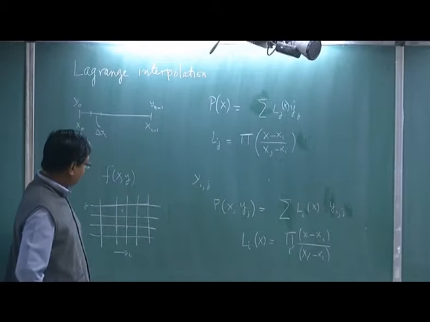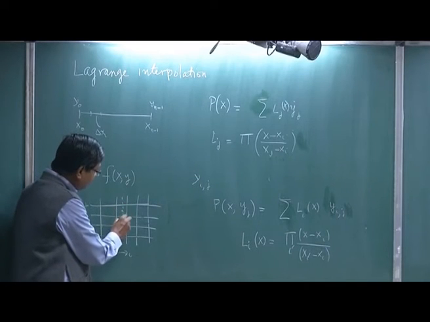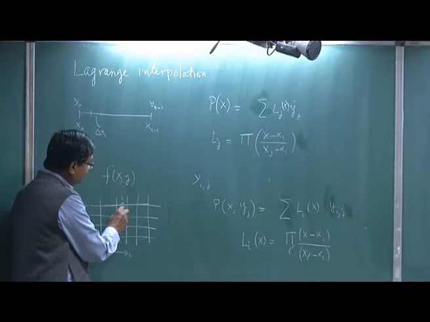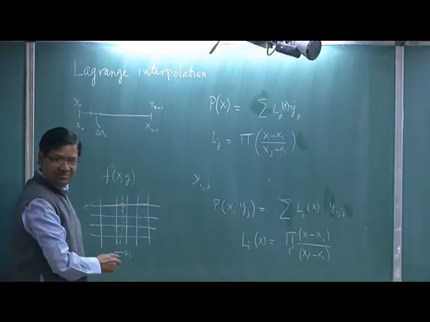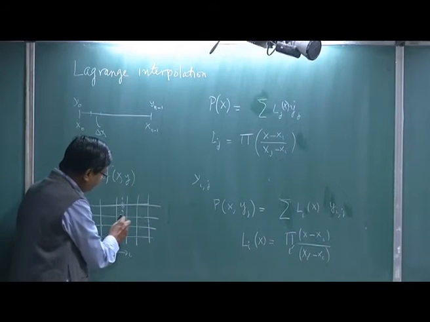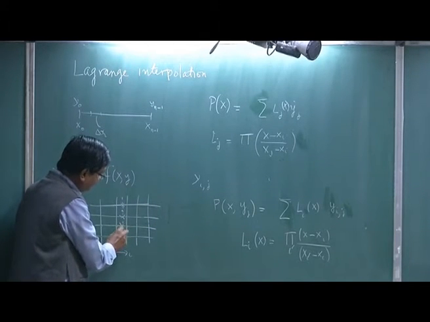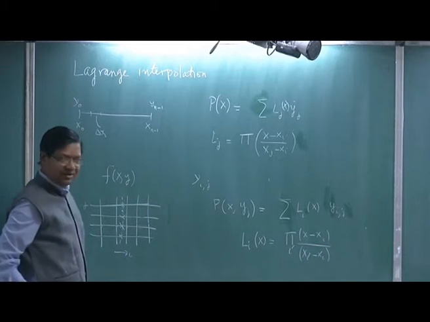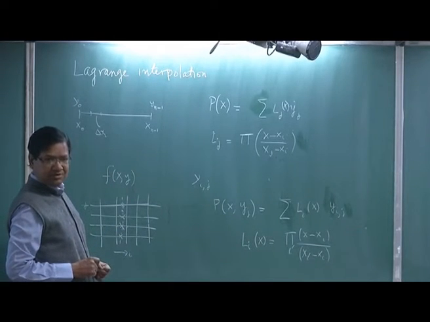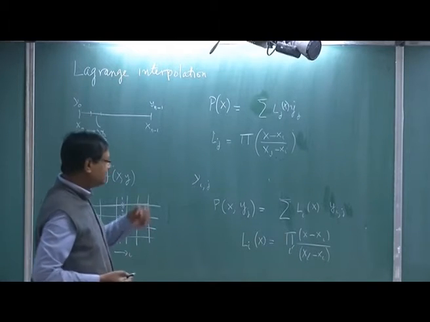So what do I do? I draw a dashed line, and now I know the value of the function here by this formula, because that corresponds to this particular j. Value of the function here, here, all these values. Now interpolate along y. Okay, so that's the idea.